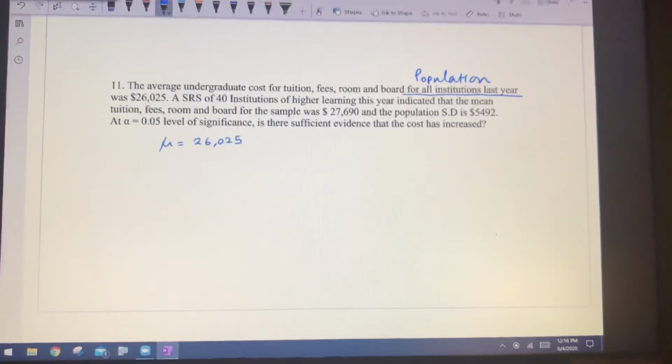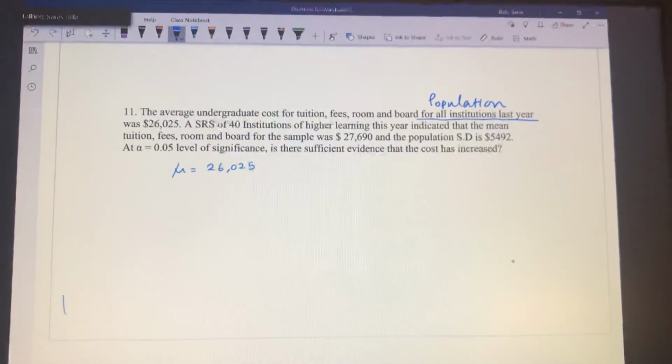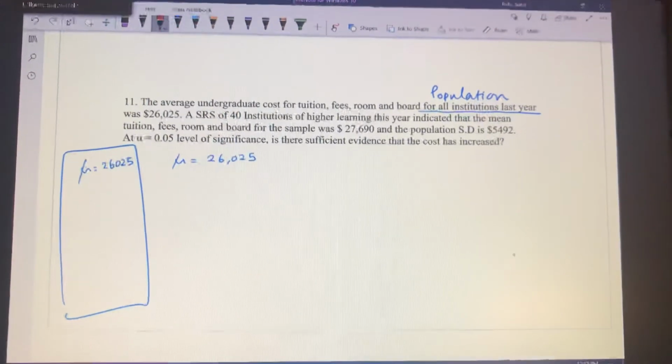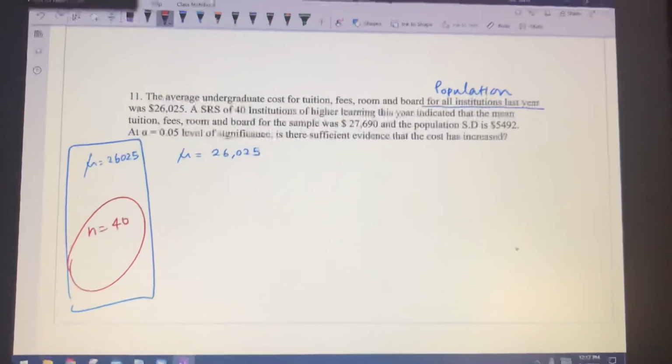Now, from this population with mu equal to 26,025, you are going to pick a sample. The sample is going to be 40 institutions.